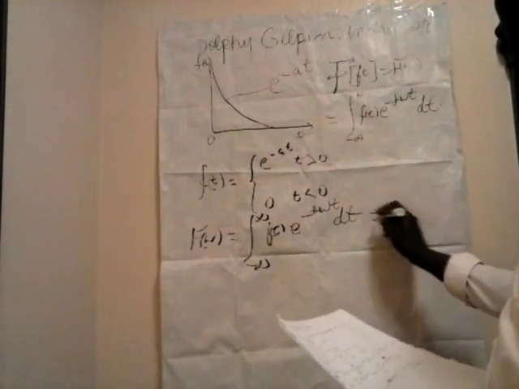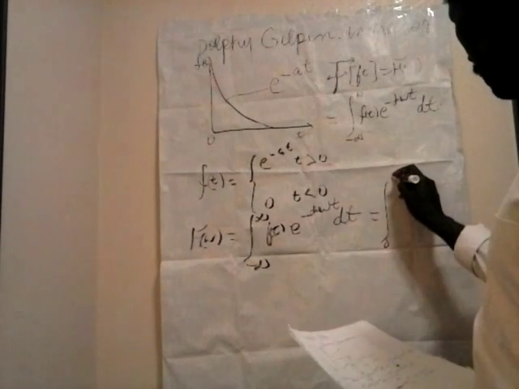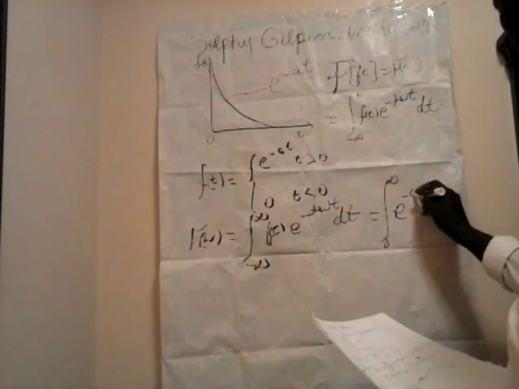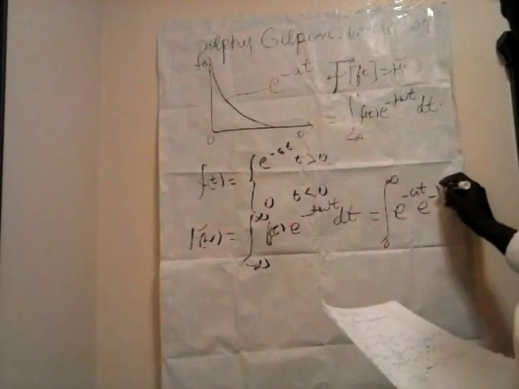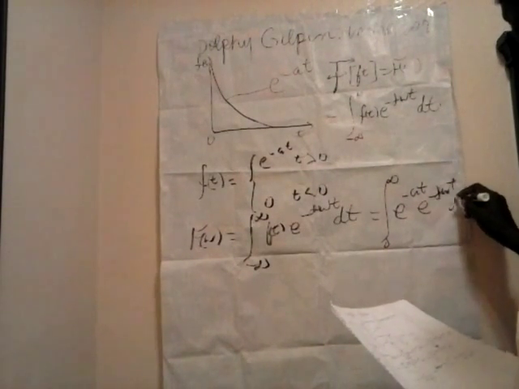And that's equal, given the limits there, to the integral from 0 to infinity of e to the minus at e to the minus j omega t dt.